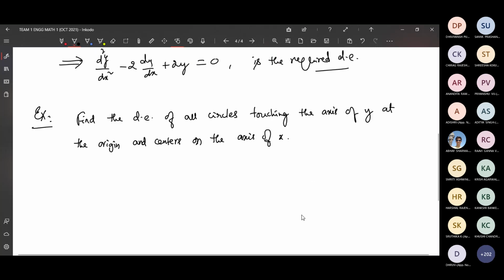This means touching the axis y at the origin, something like this. This is 0, 0, and this is h. So that the point C is h comma 0, which lies on the x-axis, the center.